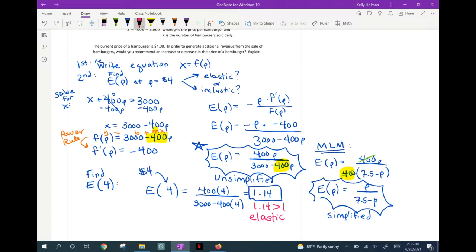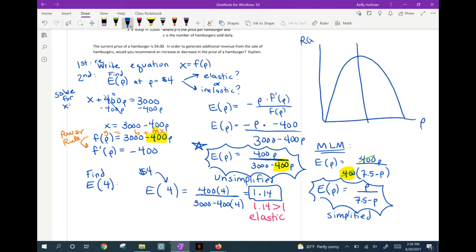So I'm going to come draw that out. Remember, this sketch will be given to you. You'll be given this curve cut in half, and you'll be told that this side is inelastic and this side is elastic. That's what you'll be given.